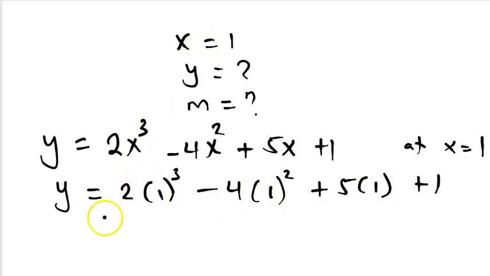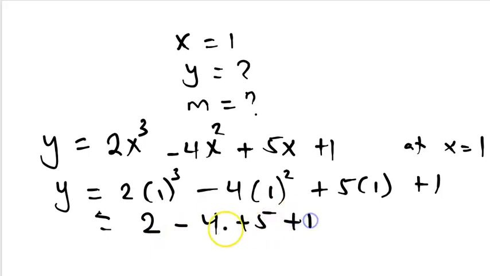So then you have y is equal to 2 minus 4 plus 5 plus 1. Therefore, this is equal to 2 plus 5 is 7, plus 1 is 8. 8 minus 4 is 4. Now we found the value for y.